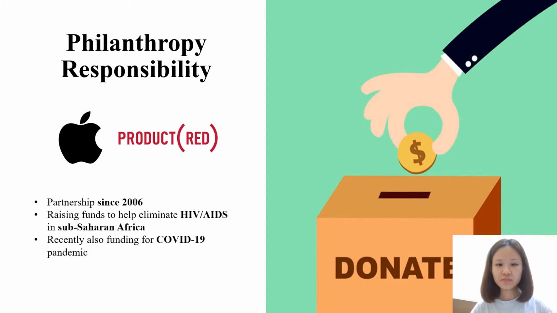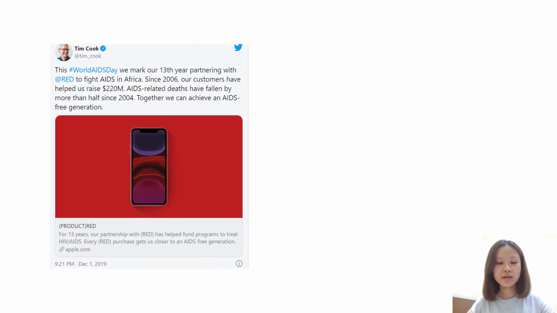The partnership began in 2006, and it is a funding program to raise funds to help eliminate HIV or AIDS in sub-Saharan Africa. However, recently, Apple also funded the COVID-19 response, and revealed on its own Twitter account that Apple has donated over $220 million to the fund through the sale of Product Red products.